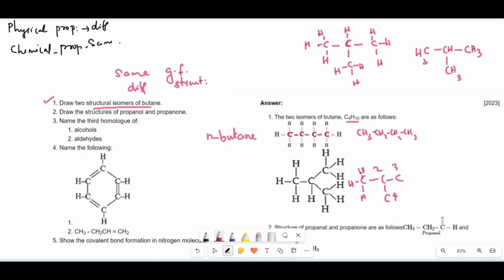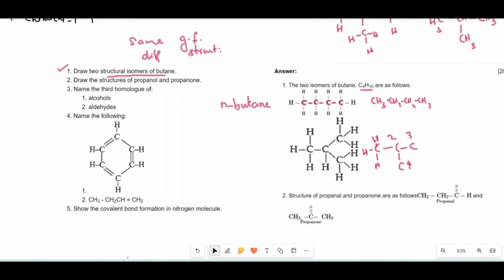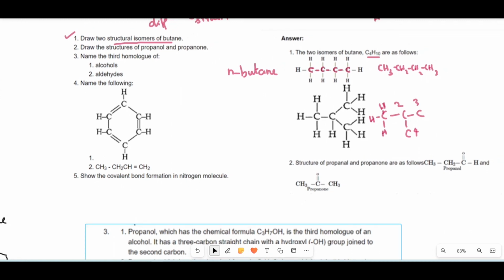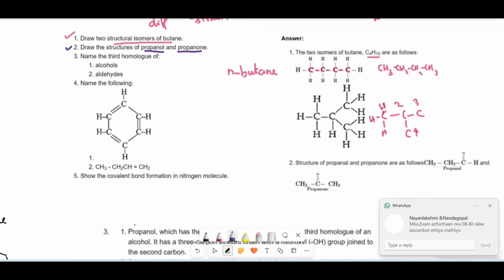Now, next question. Draw the structure of propanol and propanone. Propanol is actually an alcohol in which the first carbon alcohol is methanol, the second is ethanol, and the third one is propanol.